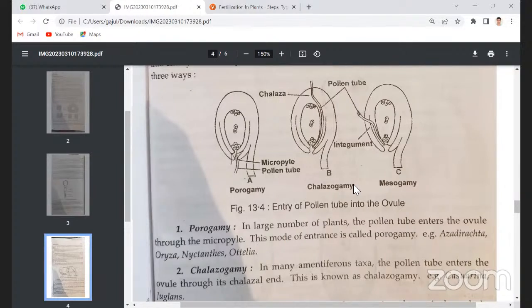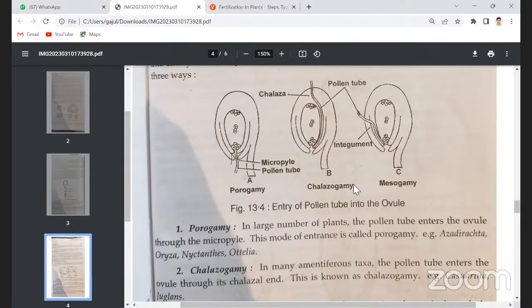Next, the third one is mesogamy. In this type, the pollen tube enters into the ovule through the funiculus, or the pollen tube enters through the integuments.